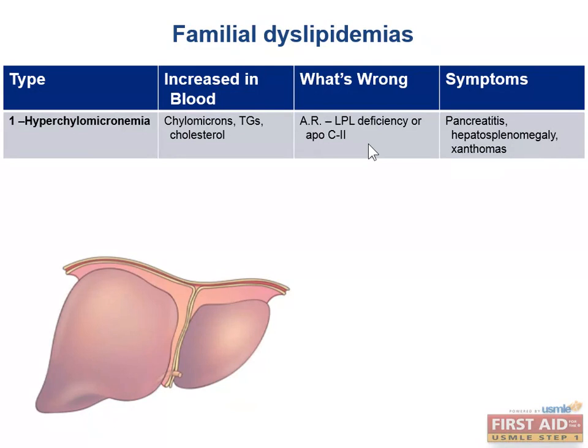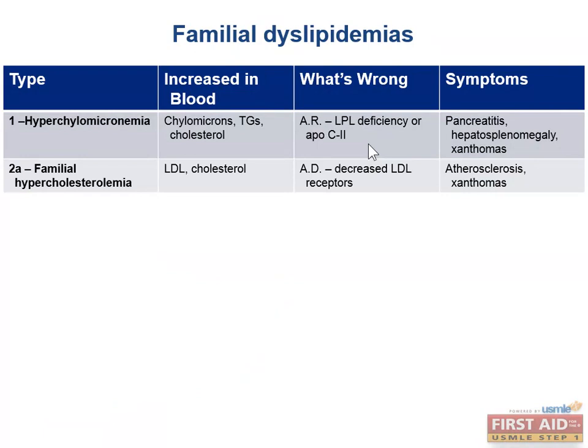However, it's important to note that this does not increase the risk of atherosclerosis since there are not high levels of LDL present. Type 2A dyslipidemia is also known as familial hypercholesterolemia, and it's going to be characterized by increased LDL levels. It's caused by an autosomal dominant mutation that results in the absent or deficient LDL receptors, as you can see here.